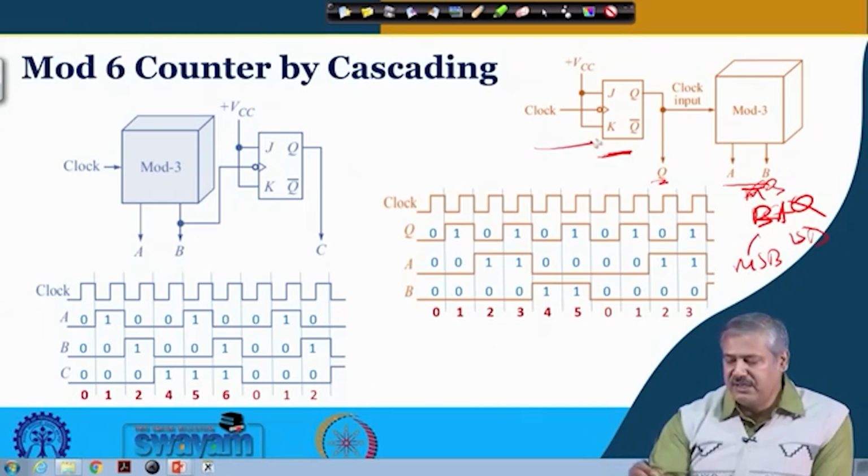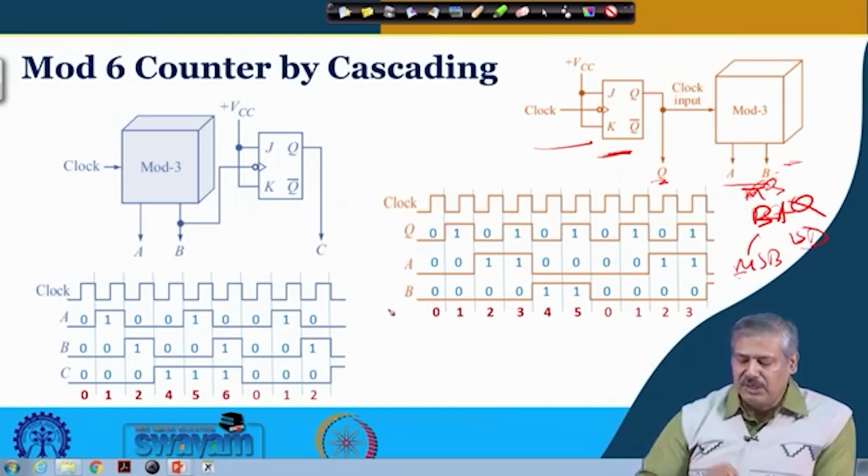The clock is fed here, and the one that changes faster is your LSB, and the MSB changes slower.